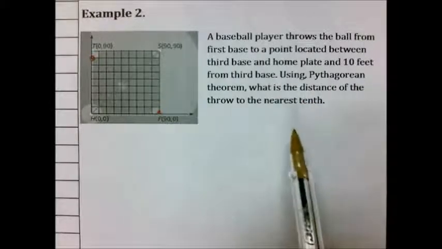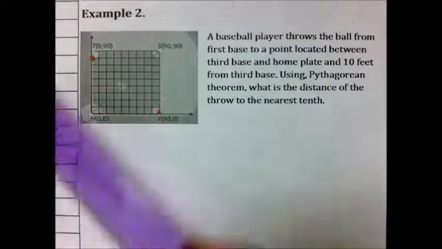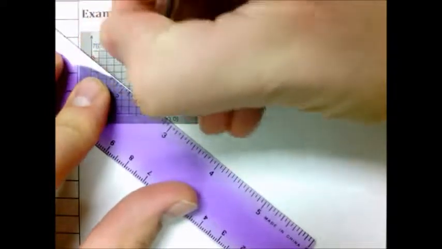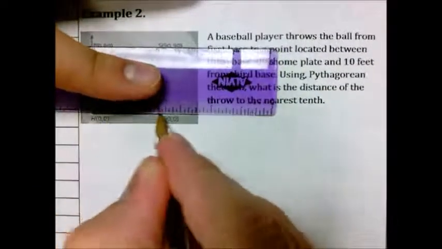All right. So we know that when we're dealing with the Pythagorean theorem, we first need to make a right triangle out of these 2 points that are given. So we're going to connect these dots here first, and we know that the right triangle can be formed right through here.